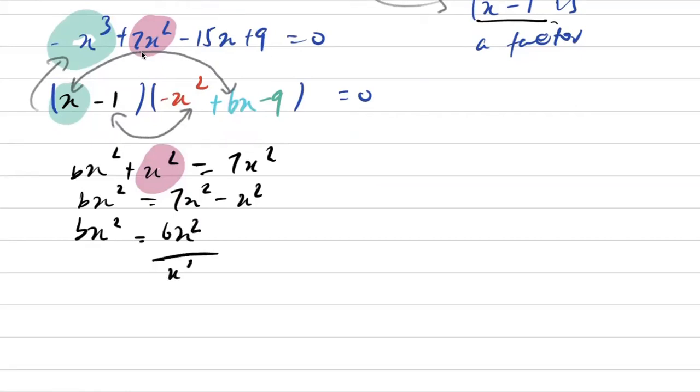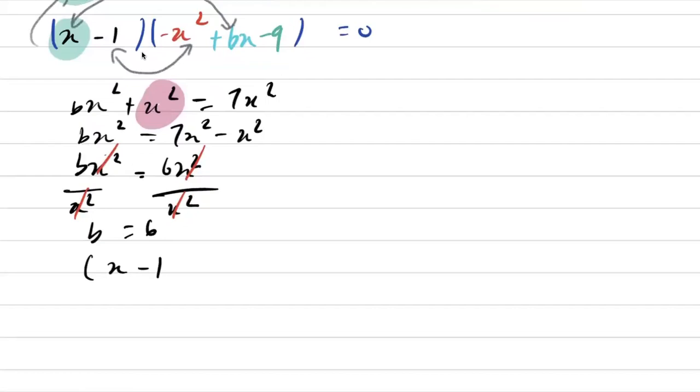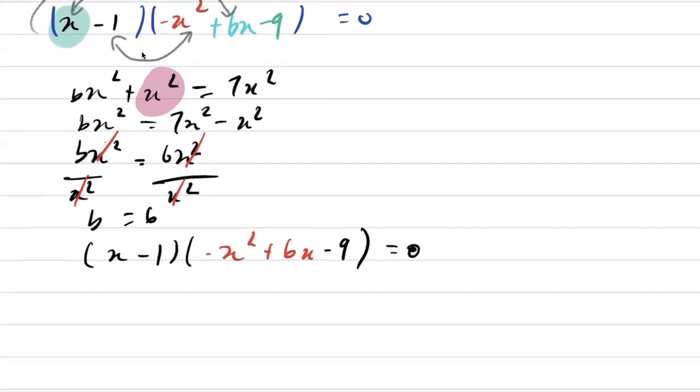Then we divide both sides by x squared, so x squared cancels x squared. So b equals a positive 6. I'll go back and put b as a positive 6. So x minus 1 times negative x squared plus 6x minus 9 equals 0.